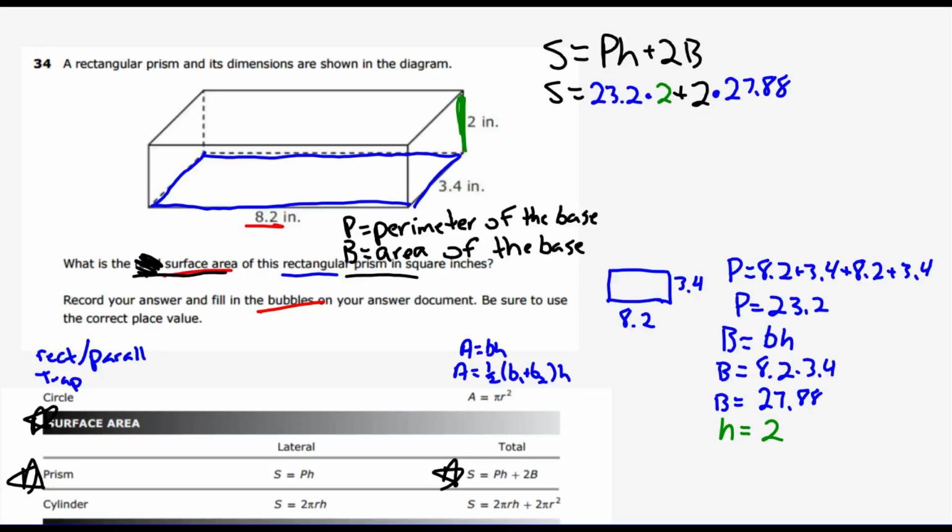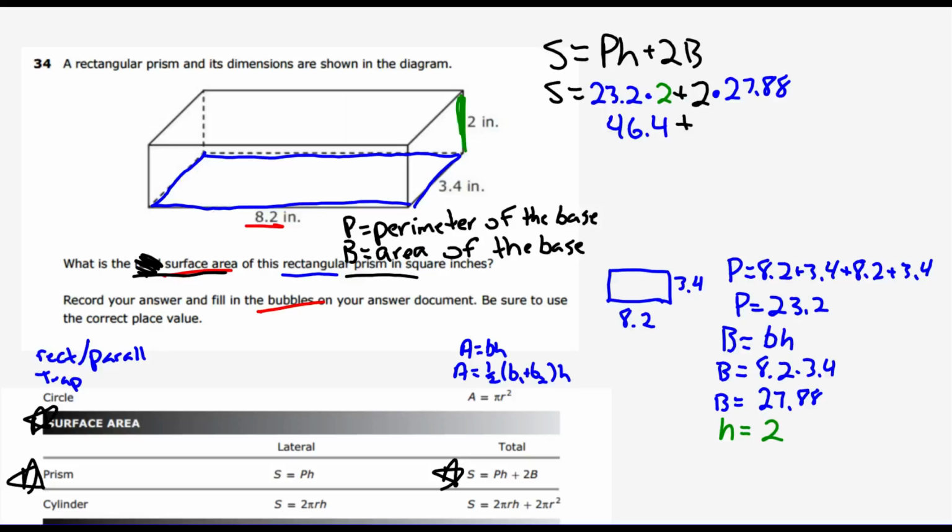So we go back to the calculator one more time. So let's say 23.2 times 2. That gives me 46.4. Really, you could do all this in one step, but just to be on the safe side, I'm going to split it up a little bit.